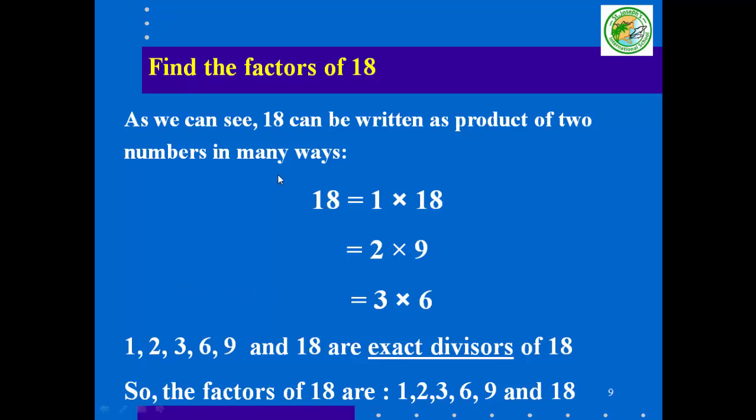We can't find 18 in the 5 time table. Table 6, yes, 6 times 3 is the same as 3 times 6, so we will stop here, and the factors will be 1, 2, 3, 6, 9, and 18. You note also here we have 1 as a factor. So we said that 1 is a common factor of all numbers.